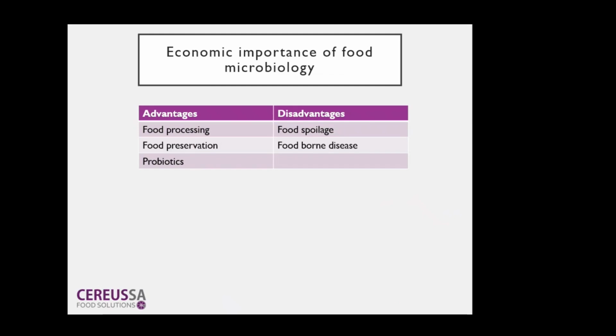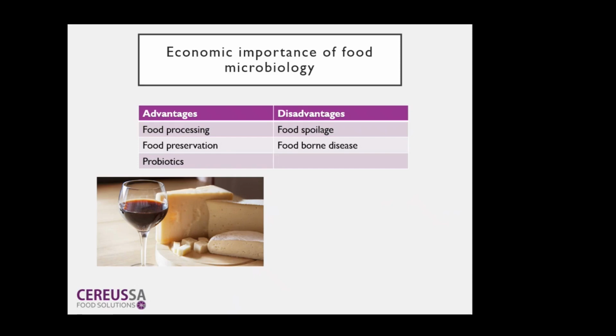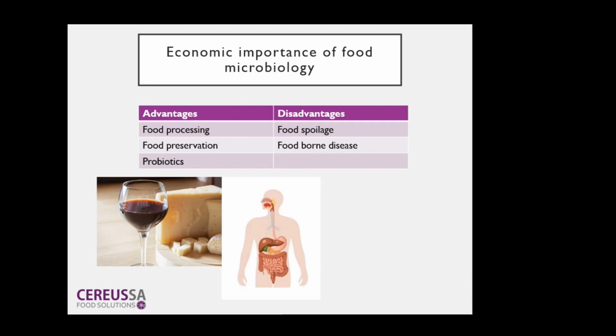So what is the economic importance of food microbiology? Microorganisms can be used to our advantage. For example, during food processing, we use microorganisms to produce food such as wine, beer, bread, cheese, etc. They can also be used for food preservation and for the production of probiotics, which is very important for good gut health.